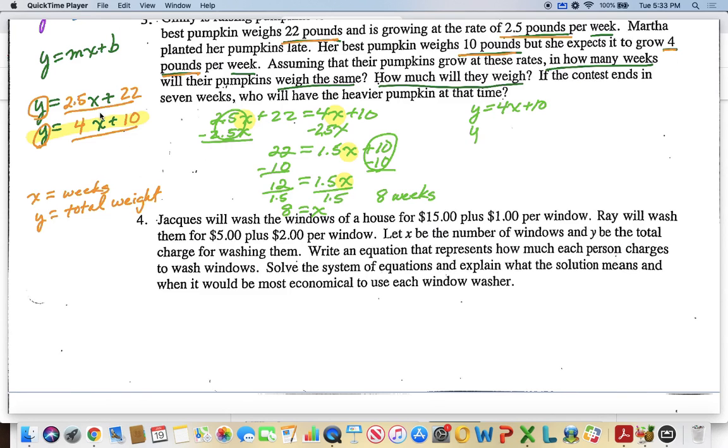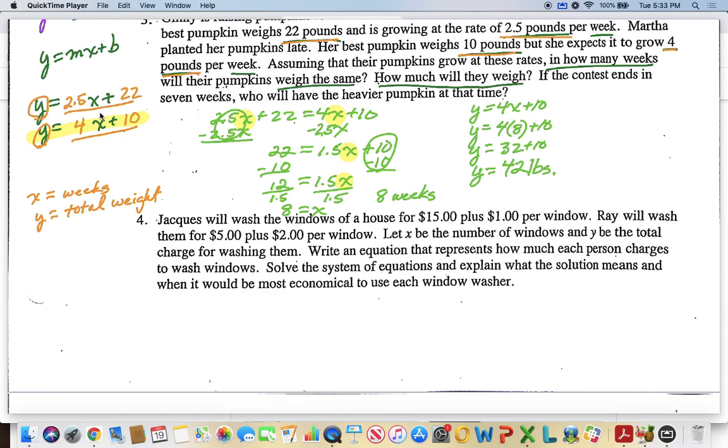And this time, when we write it, we're going to substitute 8 for x. So now 4 times 8 is 32 plus 10. And so that's going to be y is equal to 42. So in 8 weeks, both pumpkins are going to weigh 42 pounds.